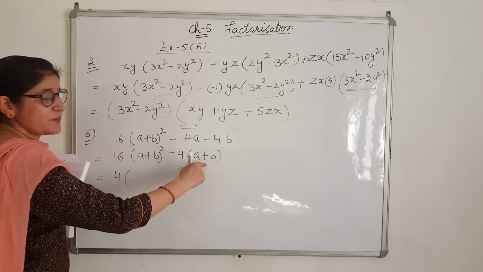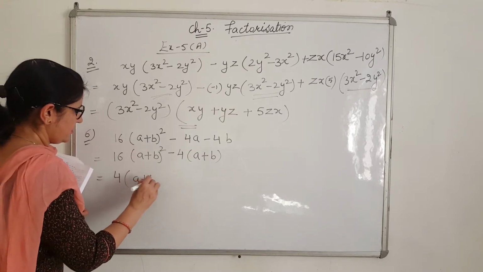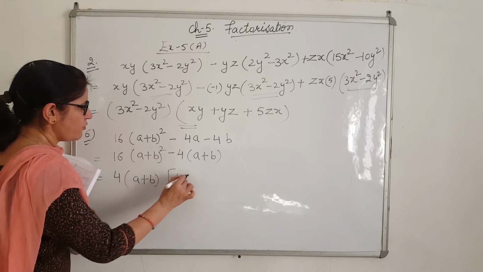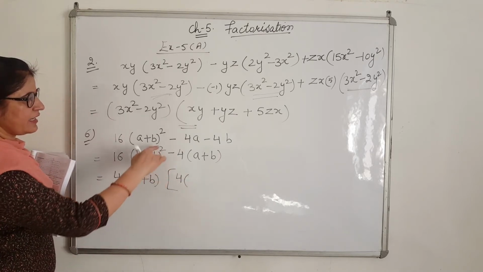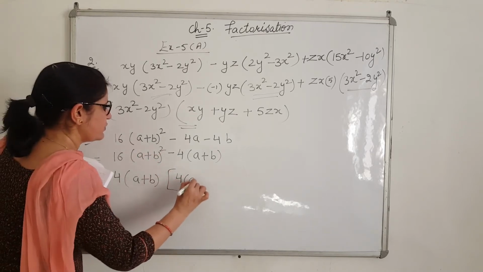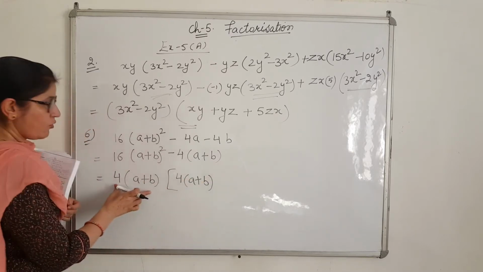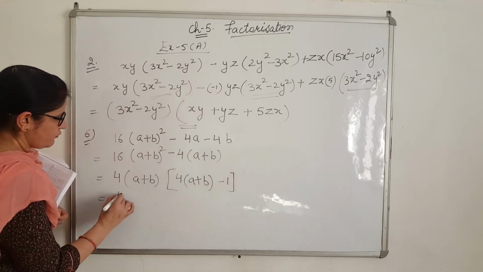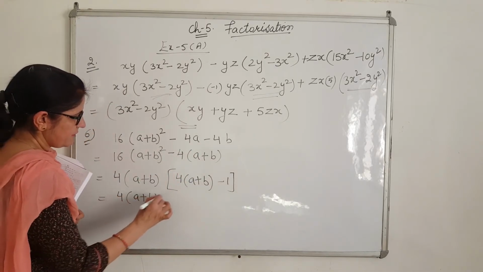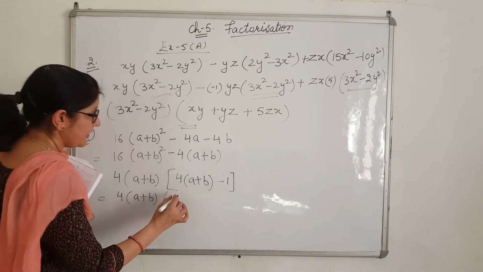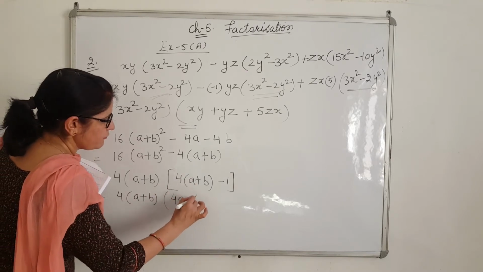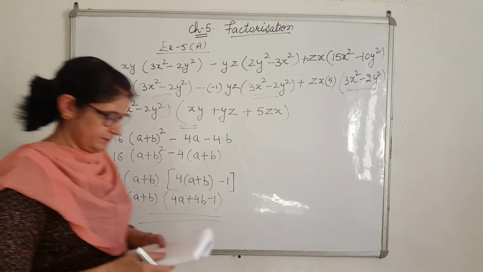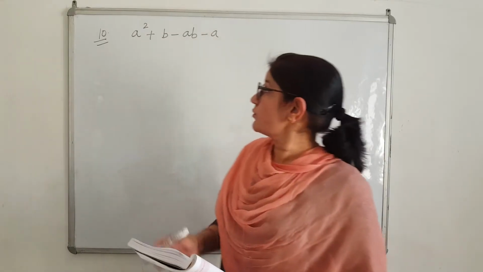And from here the least power of (a + b). Now if you divide 16 by 4, we get 4. Here power is 2, 1 we are taking, so 2 minus 1, 1 is left. Here the whole term is coming out, so 1. So 4(a + b) − 1, 4 multiplied with a and b, so 4a + 4b − 1. This is the answer.